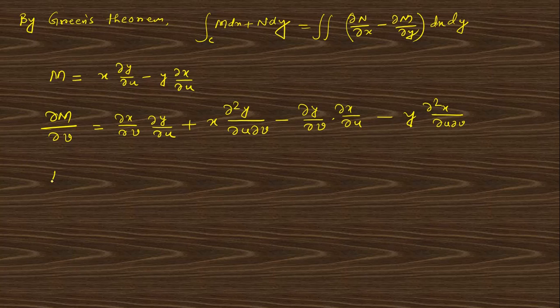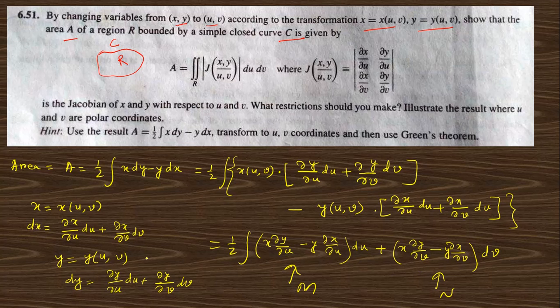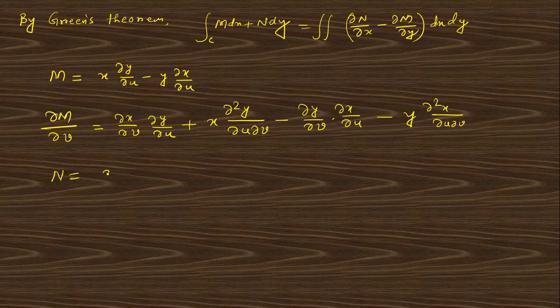Clear? Similarly, n is nothing but x del y del v minus y del x del v.